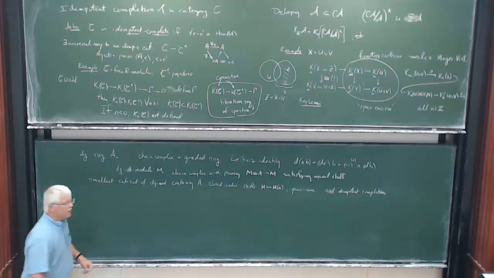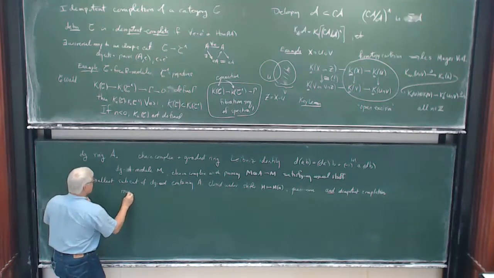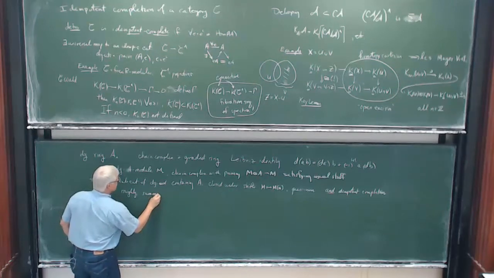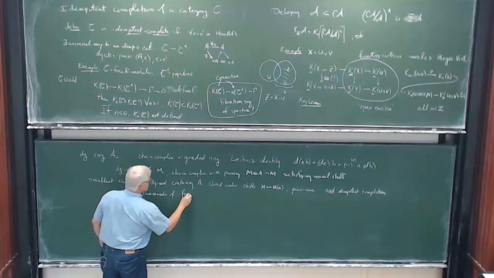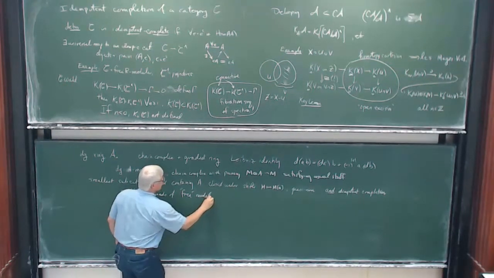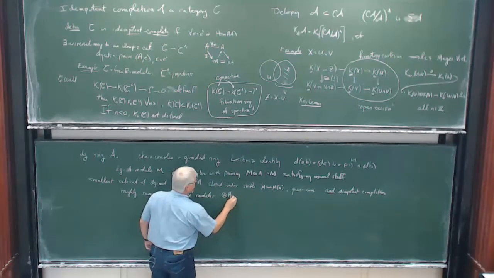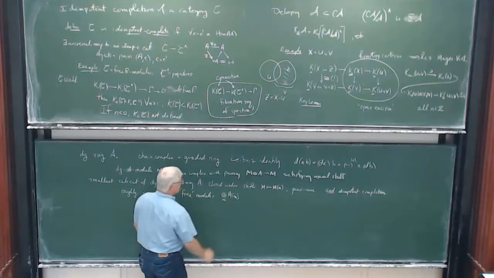So one way of thinking about this is that you want to think of something as being a free module, which is a direct sum of copies of A over some indexing set.